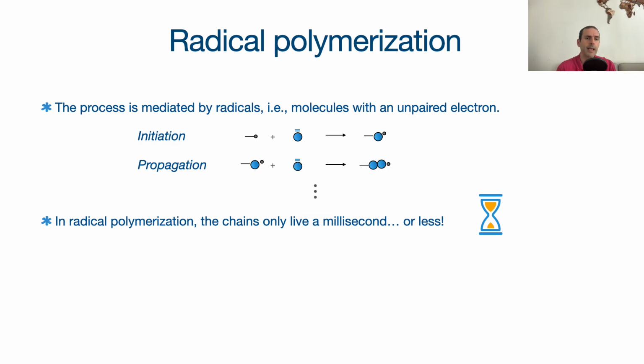Okay? So the lifetime of active chains is crucial since it affects the length of polymer chains. If the radicals live little time, well, then the chains will be short. Or, of course, if they live a lot, they will be longer, right? And why is this relevant? As we saw in a previous video, this, by the way, is how you typically schematize this termination.